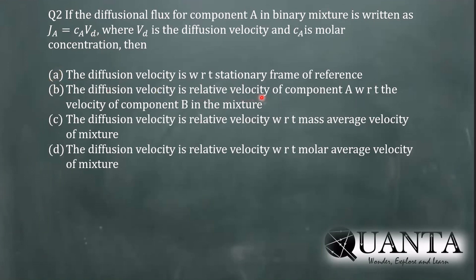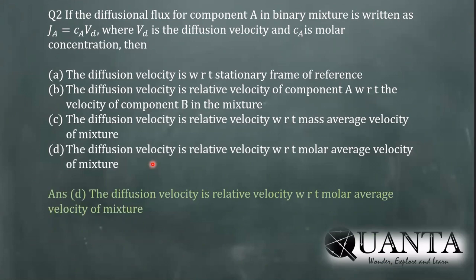Now, is this the relative velocity of the component with respect to the velocity of component B? No. Is it a relative velocity with respect to an average velocity? Yes, but this is the mass average velocity, and we see in the expression that this is the molar concentration. So definitely option D, the diffusion velocity is the relative velocity with respect to the molar average velocity of the mixture, is the correct one.